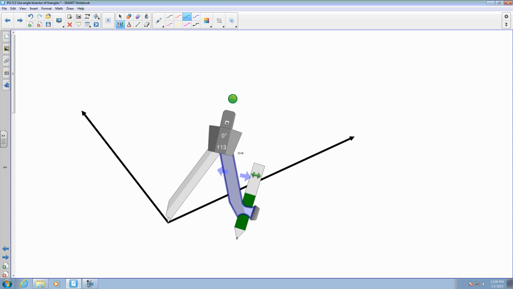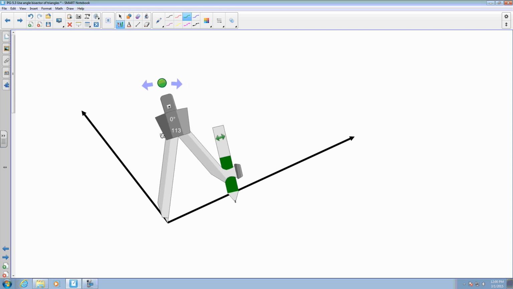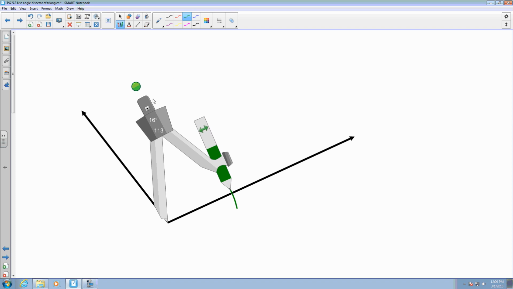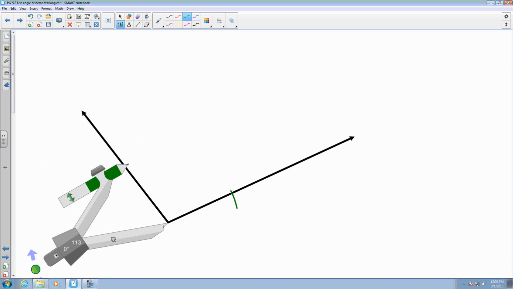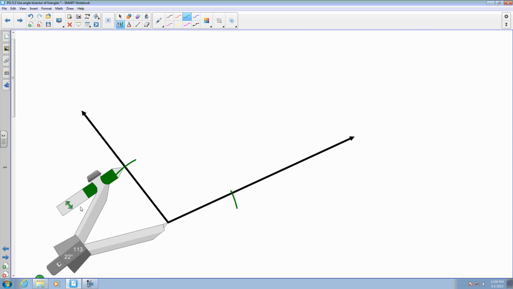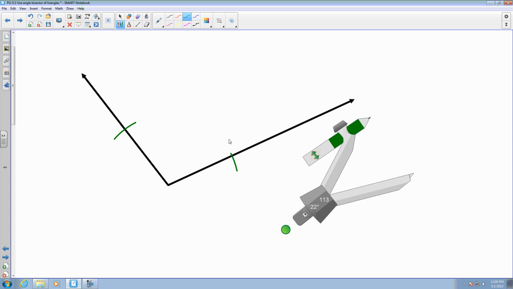And what you have to do is you have to extend it to some arbitrary measure. It doesn't matter which one you pick. You just have to make a tick mark on the corresponding line segment or ray that it gives you. So without changing the distance, we have 2 tick marks.